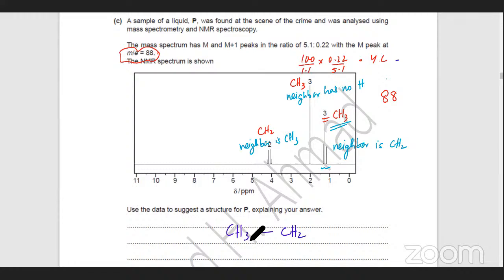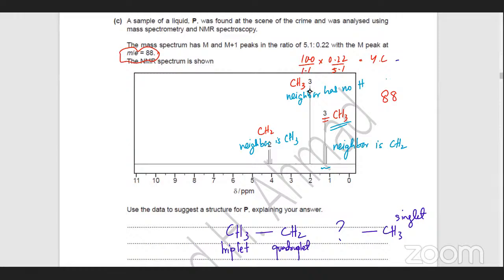And then there's this CH3 that has nothing attached to it, a singlet. And there is a 4th carbon atom, but I'm not sure where it is at the moment. This one is a triplet, this one over here is a quadruplet, so the middle part is at the moment missing. We're not sure what that is.